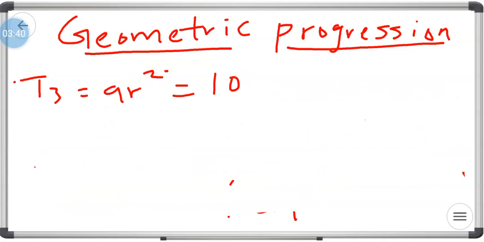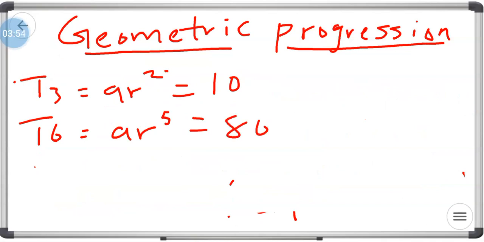And also the sixth term, T6 equals ar raised to 5, and ar raised to 5 is 80. So the 10 is for the third term and the 80 is for the sixth term.